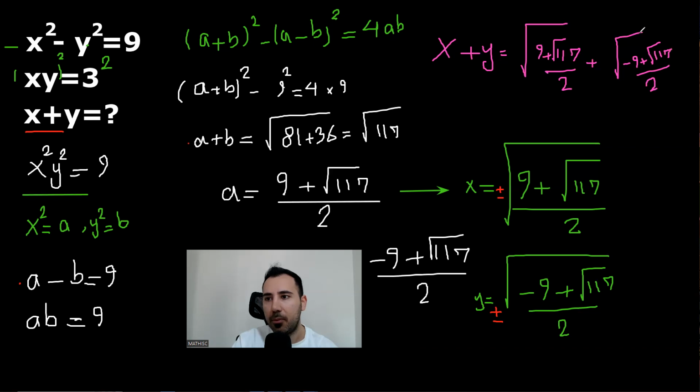But remember, this case is positive plus positive. There was one other case that could be also negative and negative. For that reason, I'll write the final answer this way. I will put positive and negative here. It could be positive or it could be negative.